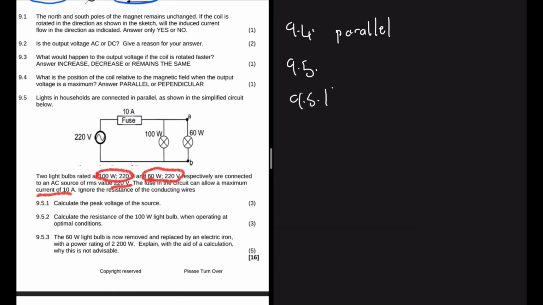9.5.1 says, calculate the peak voltage of the source. So what is the peak voltage of the source? Peak voltage of the source is Vmax, right? And this 220 volts that we have here is our VRMS, root mean square voltage. So we're gonna have VRMS equals Vmax divided by square root of 2.